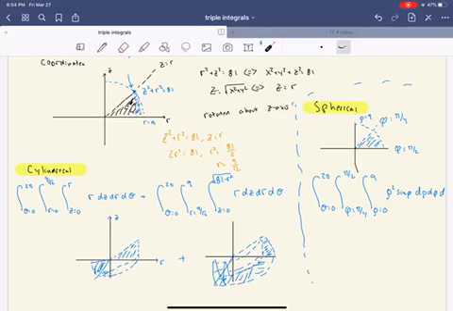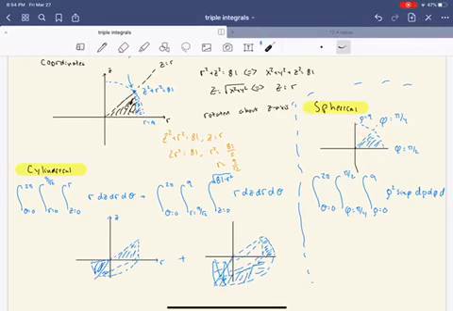Now if you do this in spherical coordinates, it actually is almost trivial. Rho goes from 0 to 9. Phi goes from pi over 4 to pi over 2. Think about that, because phi is the angle down from this axis.